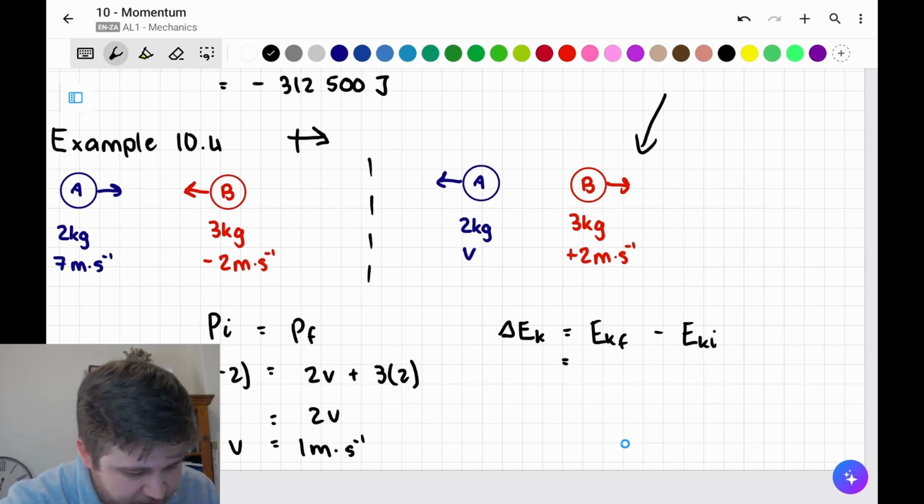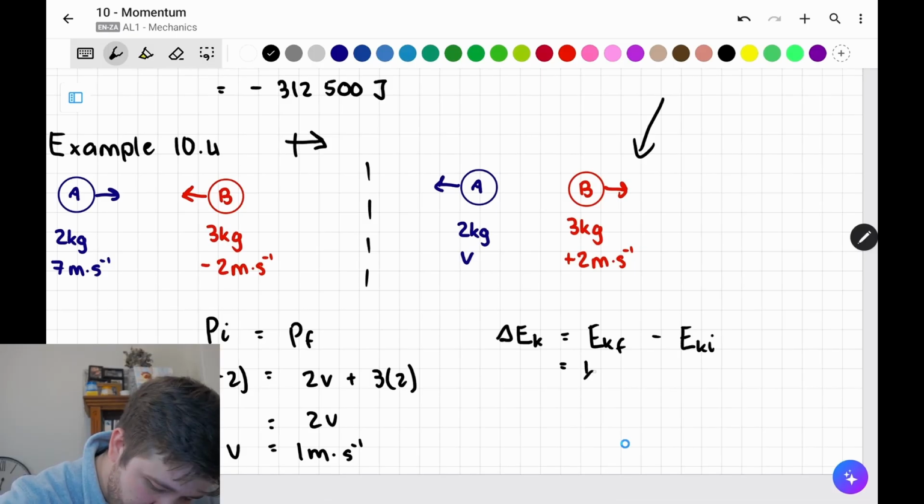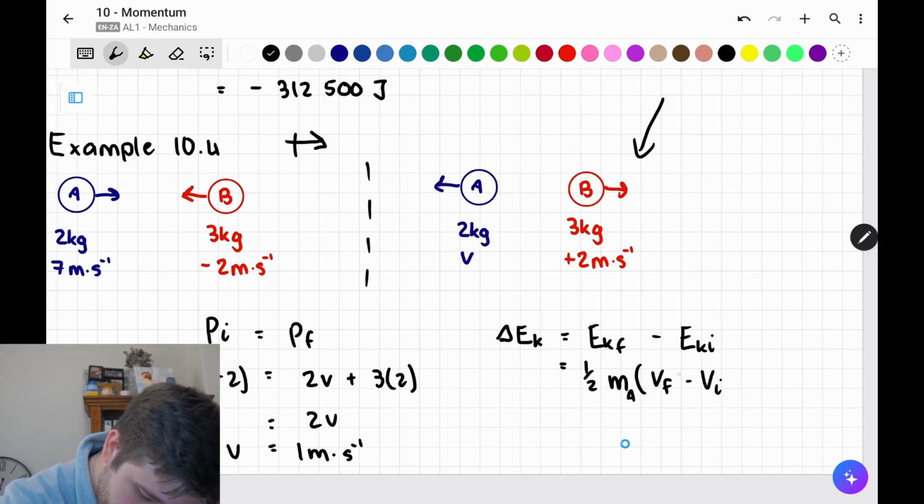If we want to, we can do it that way. So we can consider the kinetic energy of A and B separately. So this will be a half of my M, let's say M of A, V final minus V initial, both of these squared.